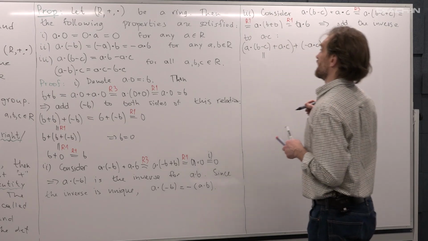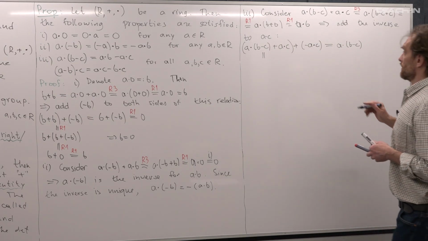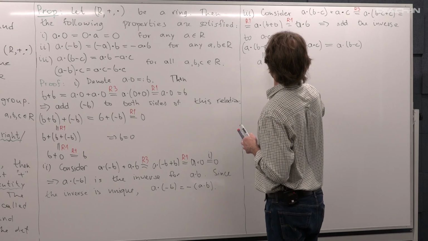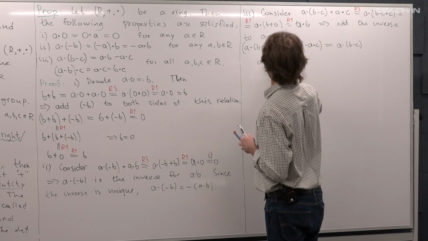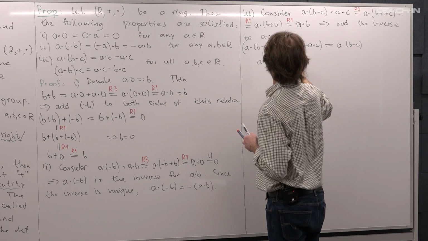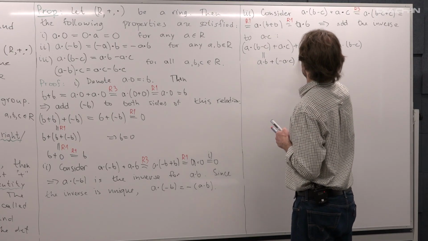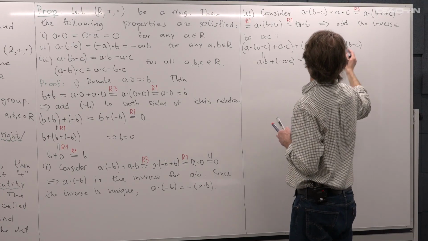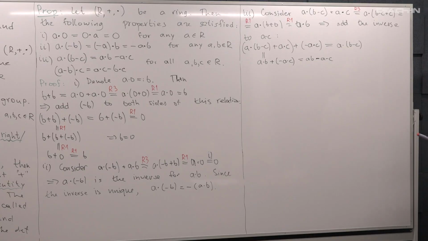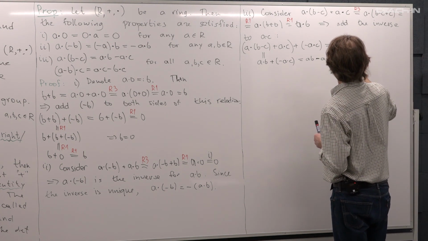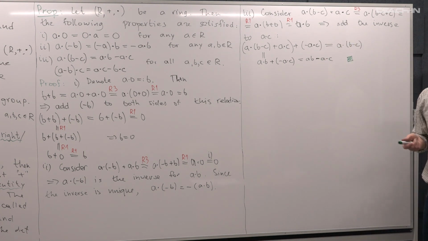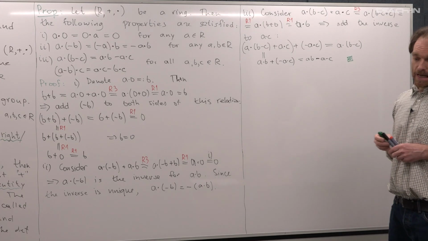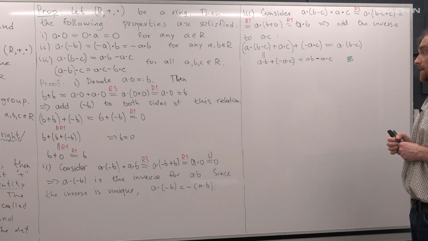So we get A multiplied by B plus minus A multiplied by C, and so this is A multiplied by B minus A multiplied by C. So this proves the relation that we needed. And so the second relation is proved similarly. So this proves our statement. So these properties are satisfied in any ring.